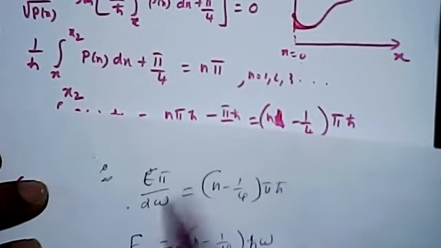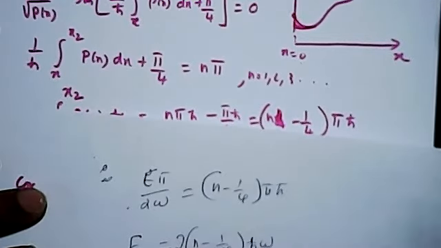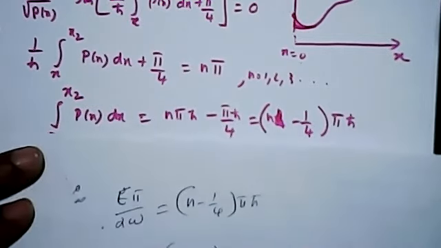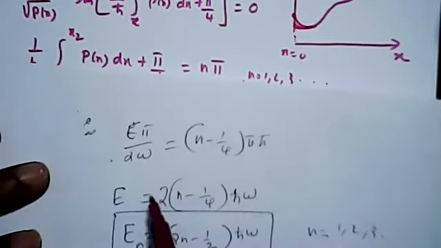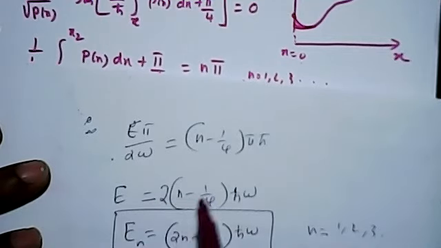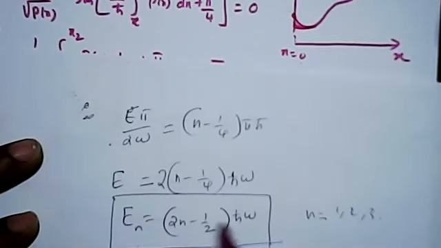So you will get E pi by 2 omega equal to n minus 1 by 4 into pi h cross. From that you simplify E equal to 2 into n minus 1 by 4 h cross omega. Because n varies from 1, 2, 3, etc., you get En equal to 2n minus half into h cross omega.